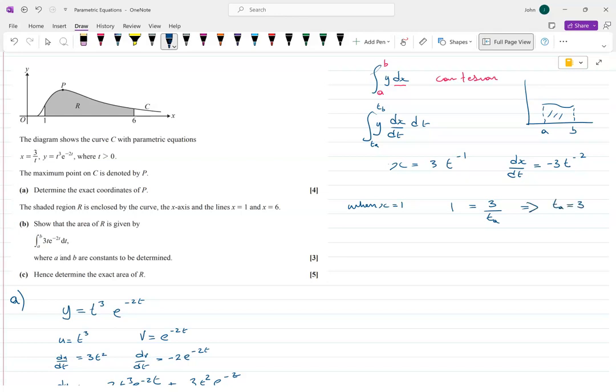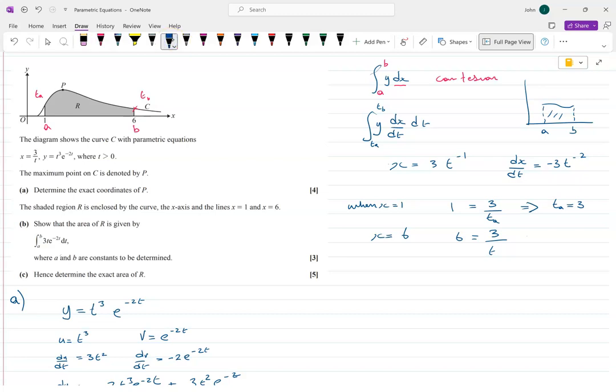And when x equals 6, we've got 6 is equal to 3 over t_b, because this is our value of b here, this is our value of a, so we've got a value of t_b here and a value of t_a here.